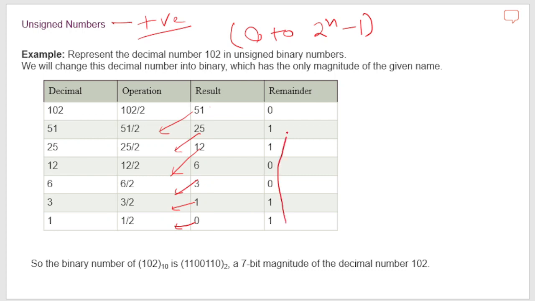Now we write from bottom to top, so the number is 1100110. It is the binary form of decimal number 102.